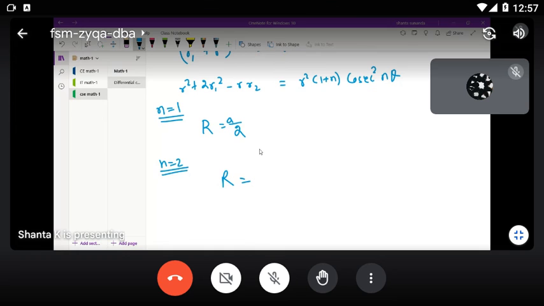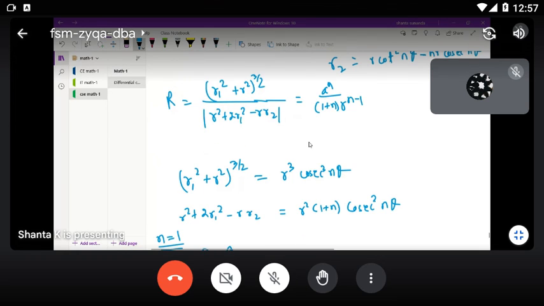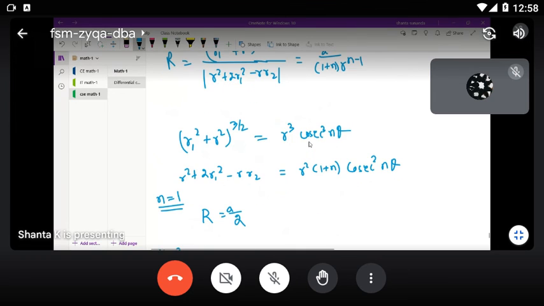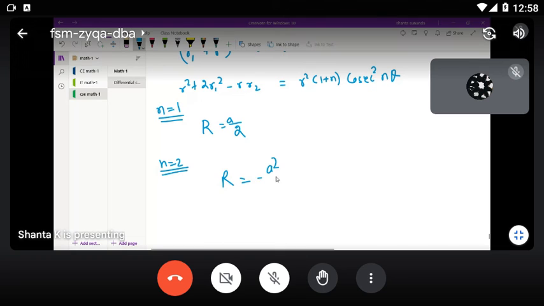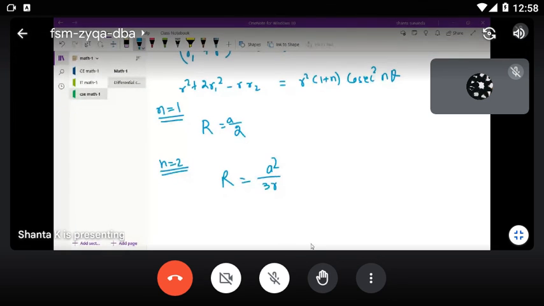Now r will be a squared by 3r. Just check, those who have solved, you can verify. 3r or 2r, what is it?